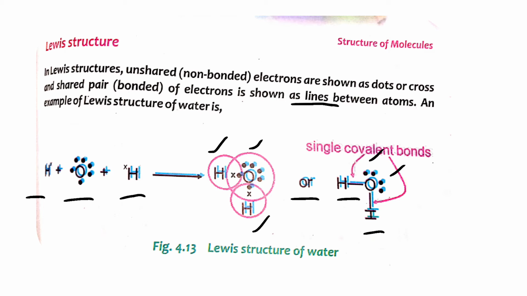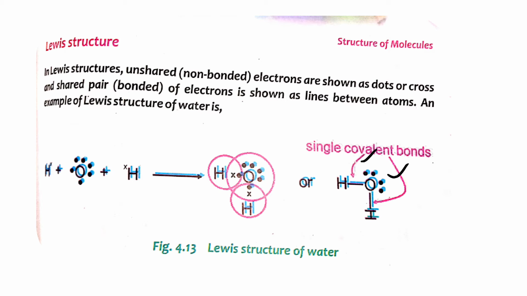As I have told you, you can show the bonded electrons with lines, only one line here because there is a single covalent bond, and the non-bonded electrons with dots or crosses. With the oxygen atom we show the non-bonded electrons. Look here, the dots. That is a Lewis structure.